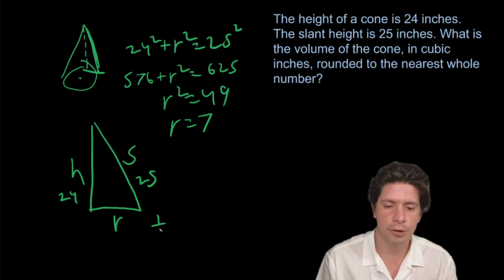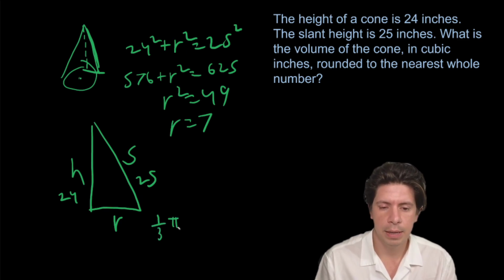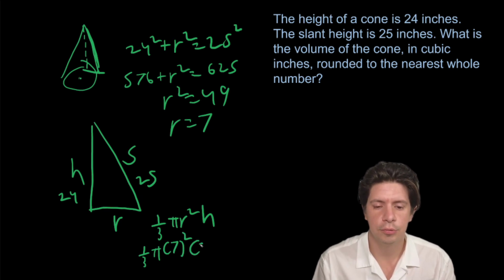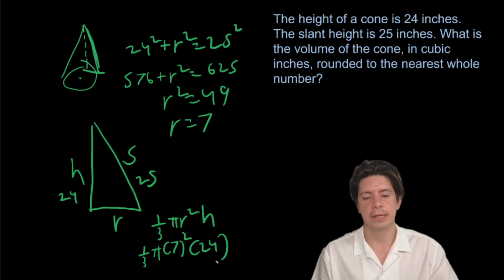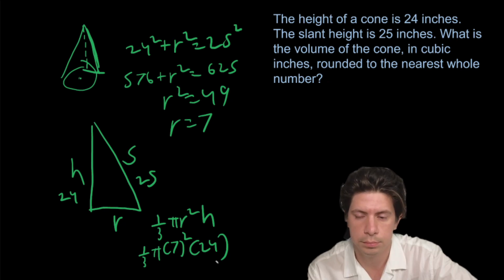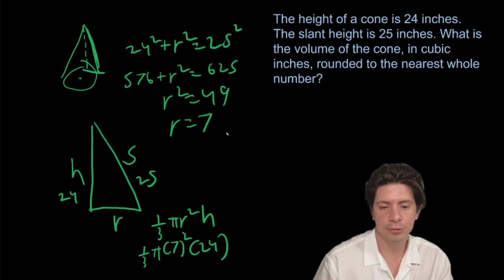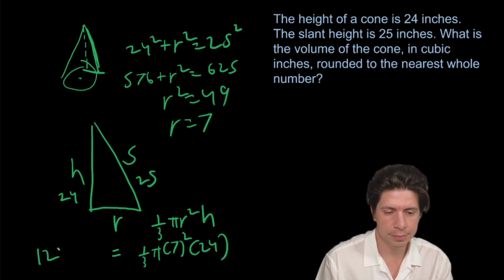And now what's the formula for the volume of a cone? It's 1/3 pi r squared times height. And that's the perpendicular height. So we'll do 1/3 pi, r is going to be 7, squared, times the height, which will be 24, and that will get us 1,231.5, so that will equal 1,232 when we round up.